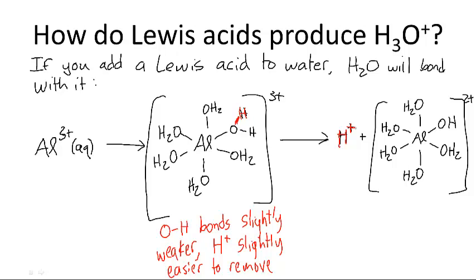It turns out, when you dissolve aluminum 3 plus in water, maybe 1 out of every 100 of these complexes, H plus will break off of at any point in time, and it'll establish an equilibrium. So, yeah, really, I should say this is an equilibrium. It's reversible, and it's going to have a K value that we can look up.